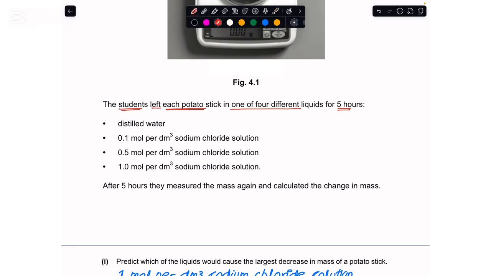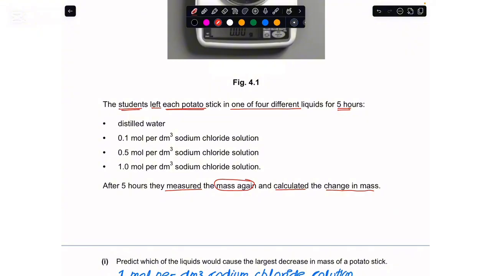So there would be a total of 4 beakers, and in each beaker they put one potato stick, and after immersing them for 5 hours, they measure the final mass again and calculate what change in mass has occurred.